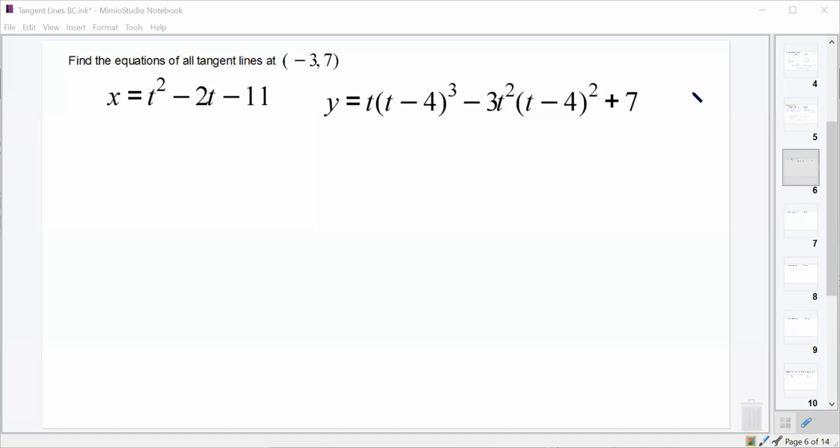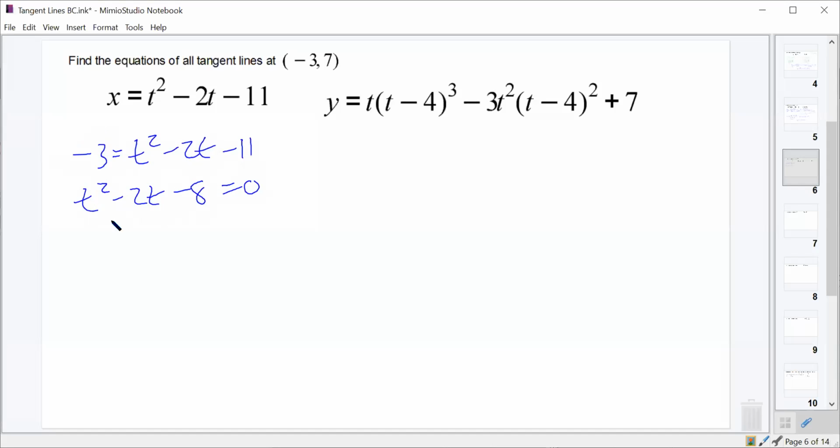So we'll do the easy parts here while we're letting people finish up if they're not quite done. To figure out when x is equal to -3, all we need to do is set that equal to -3, right? Which ought to give us t squared minus 2t minus 8 equals 0, or t minus 4 times t plus 2. So I got two values, t equals 4 and t equals -2. Everybody good with that? Yes. All right.